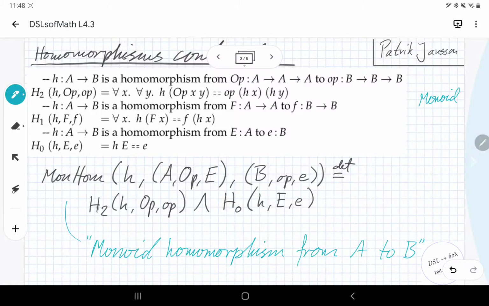The typical example of a monoid is the natural numbers, addition, and zero. But we can also have those same natural numbers with multiplication and 1.